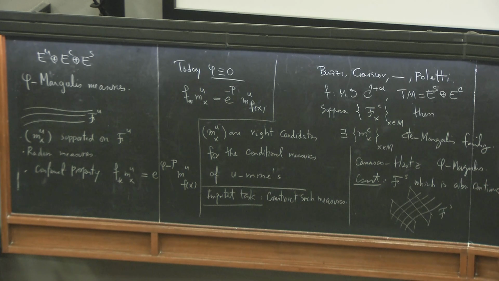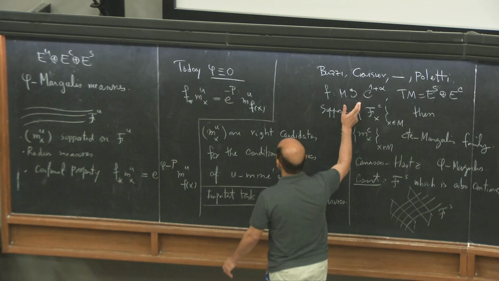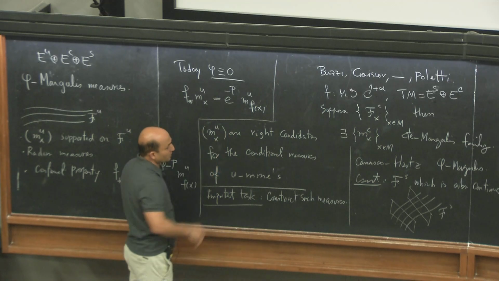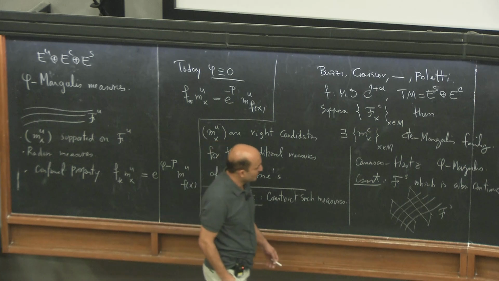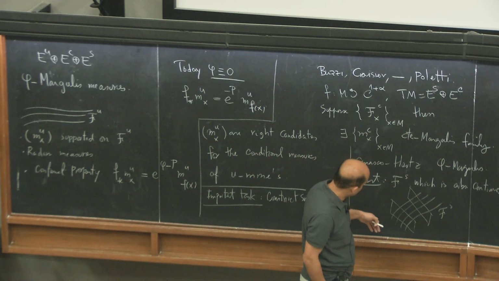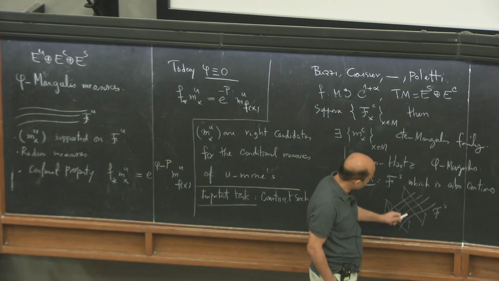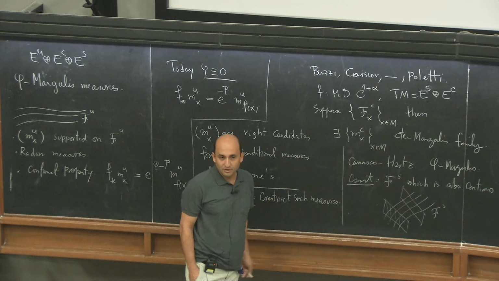As soon as you have a measure like this, Mc, with this conformal property, it means you have a measure on the transversals with some conformal property.